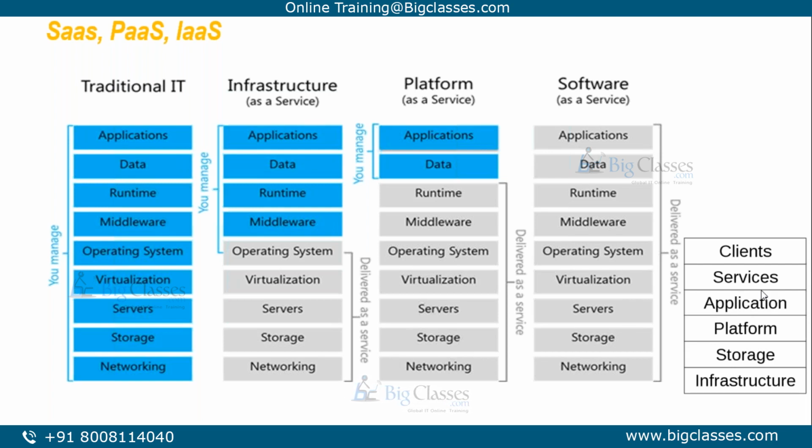So in traditional IT, everything is managed by us. You are going to manage it. When they are offering infrastructure as a service, everything they are going to deliver is your networking components, storage, servers, virtualization, and operating system.